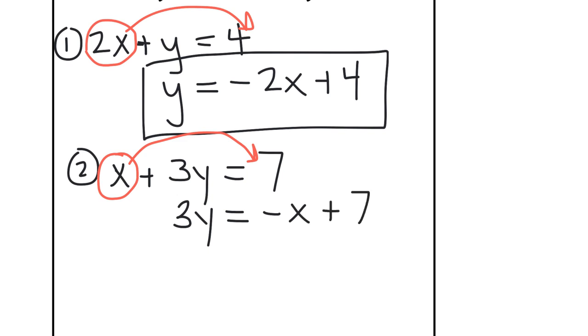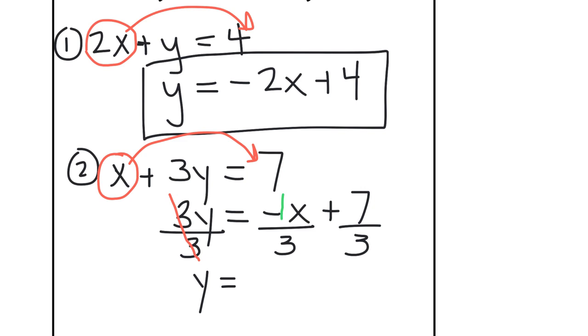The last thing I need to do is get rid of the 3 that is in front of the y. So I'm going to divide all of the terms in my equation by 3. The 3's here are going to cancel out, which leaves me with y. Remember in math, if you don't see a 1, there is an imaginary 1 there.